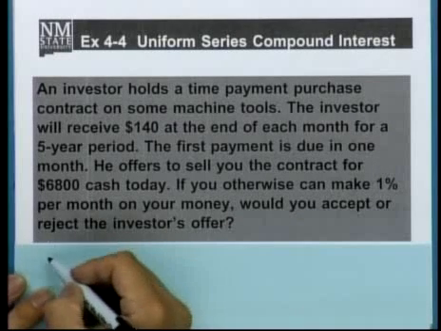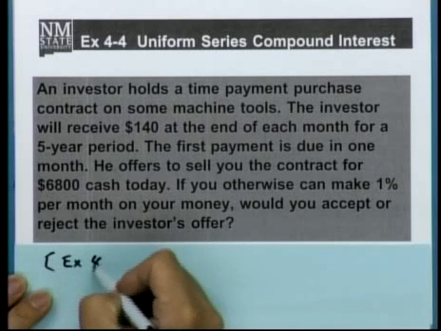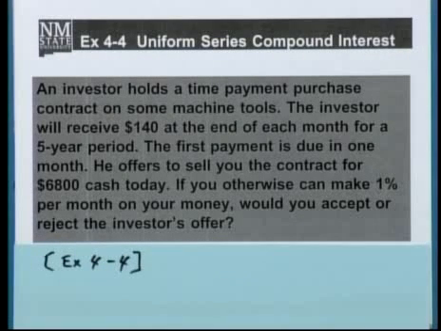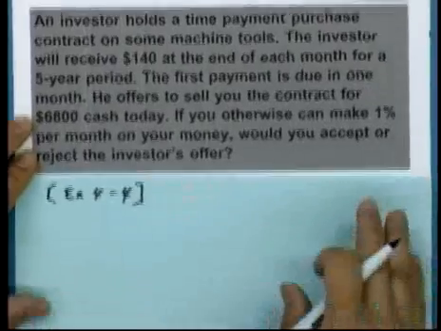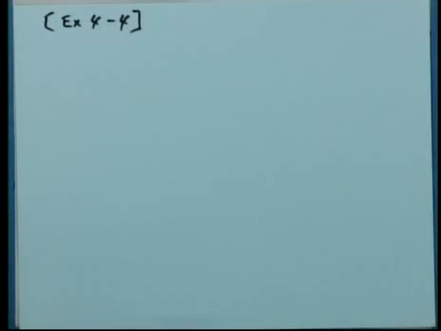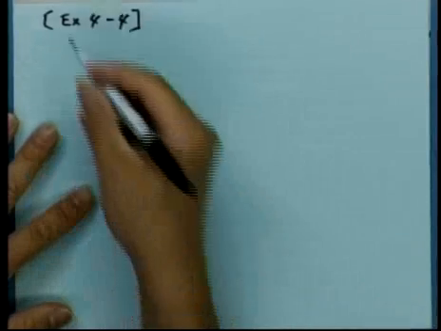So we are working on Example 4-4. The problem is, should you spend $6,800 to buy a contract that pays $140 at the end of each month for 5 years if the desired return is 1% per month, right? So the given interest rate is 1% per month.